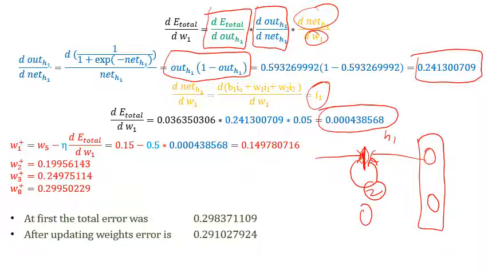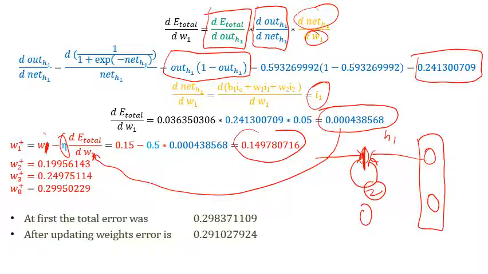And because you are applying gradient descent, you plug this total derivative here, put some step size, and update your W1. So you update your weight, and this is what you will get. Similarly you do for W2, W3 and W4.